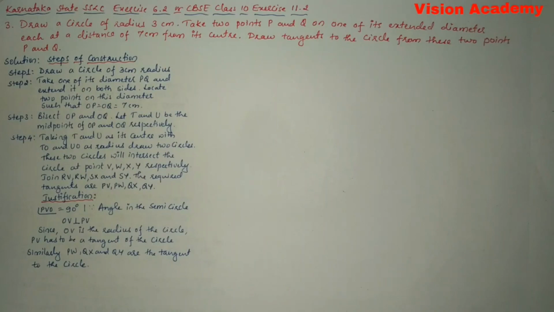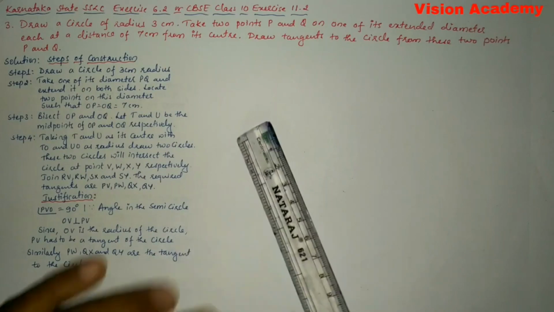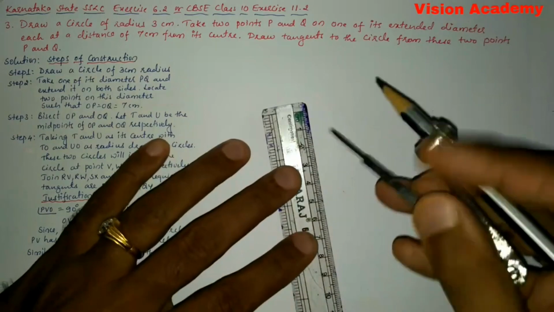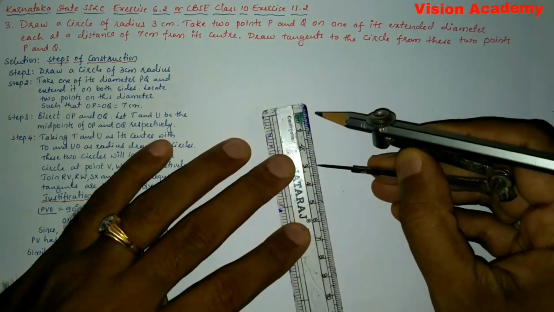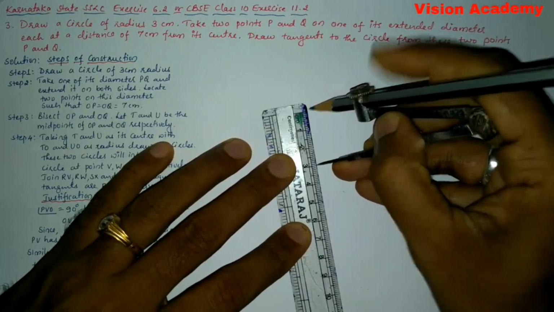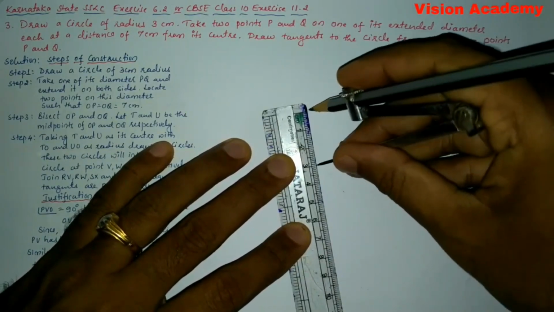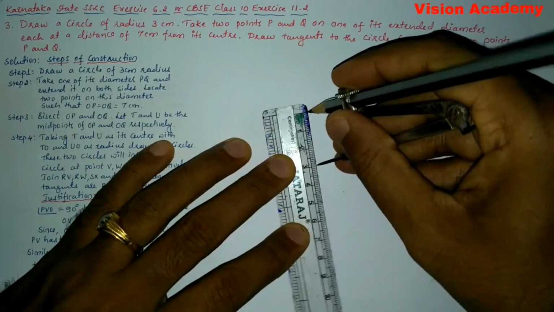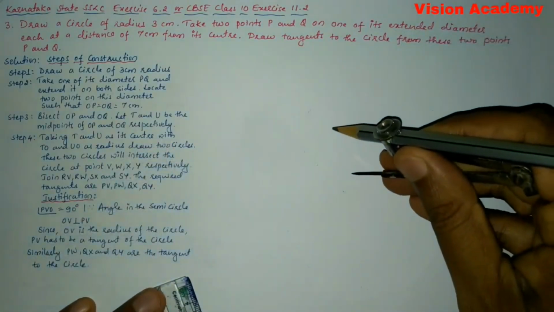Step 1. Draw a circle of 3 centimeter radius. So let us take 3 centimeter in the compass. And let us draw the circle.